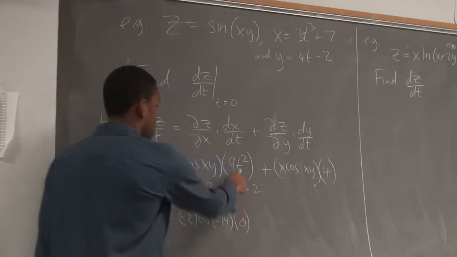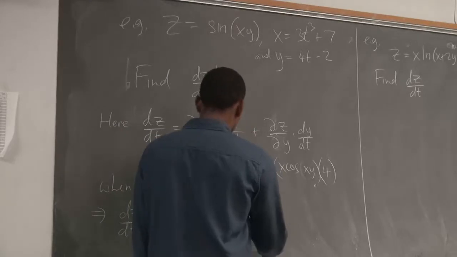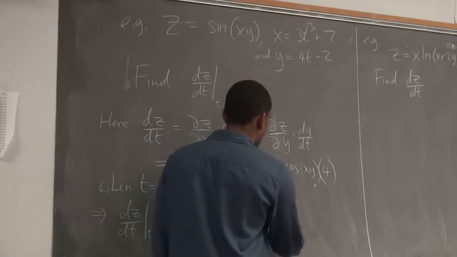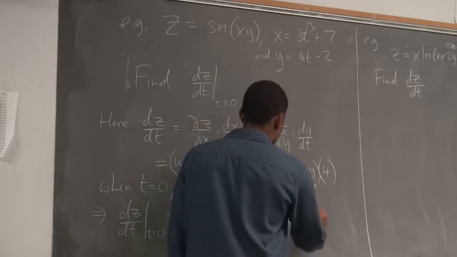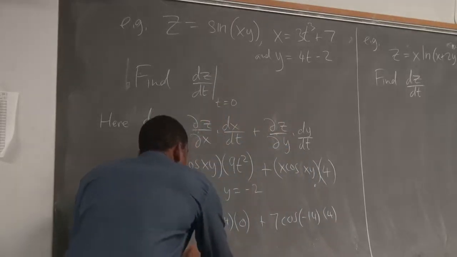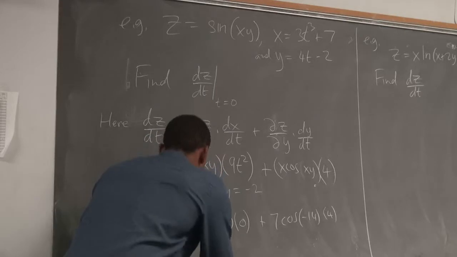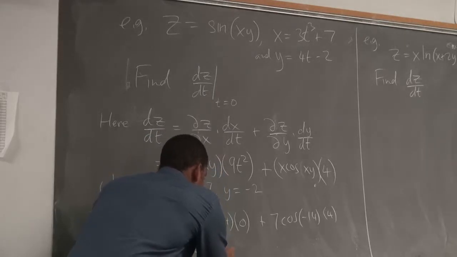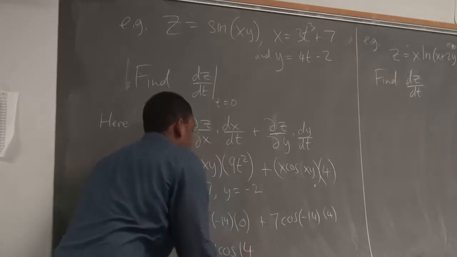Well, that's all times 0 because your t is 0. Plus x is 7, cosine 14, times 4. So that's just 28 cosine 14.